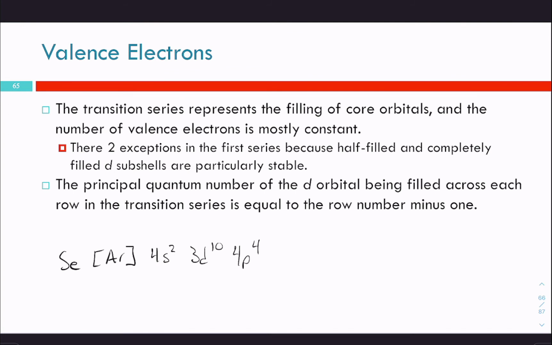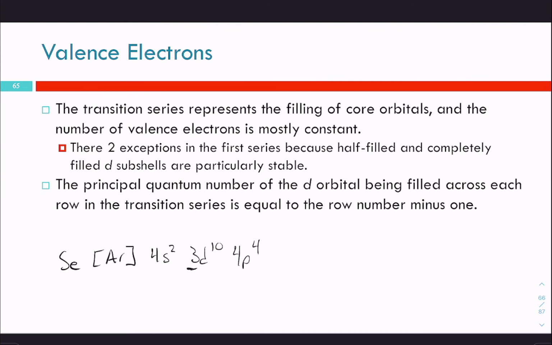So again, our valence electrons are only those in the highest principal quantum shell. The d orbitals represent filling core electrons because we start in the 4s row with 3d. So the d block is always in a lower principal quantum shell than the s and the p blocks.